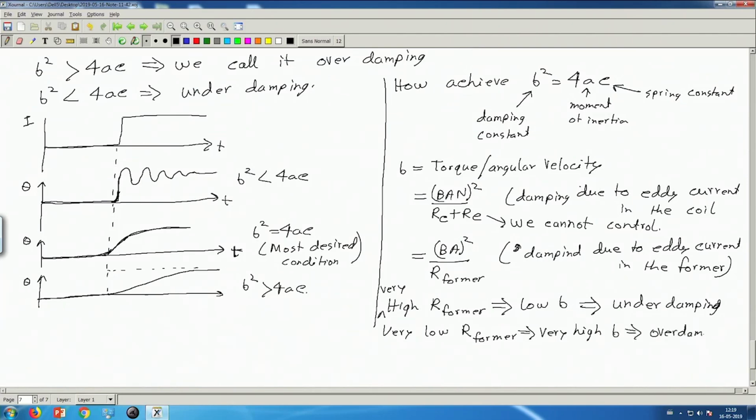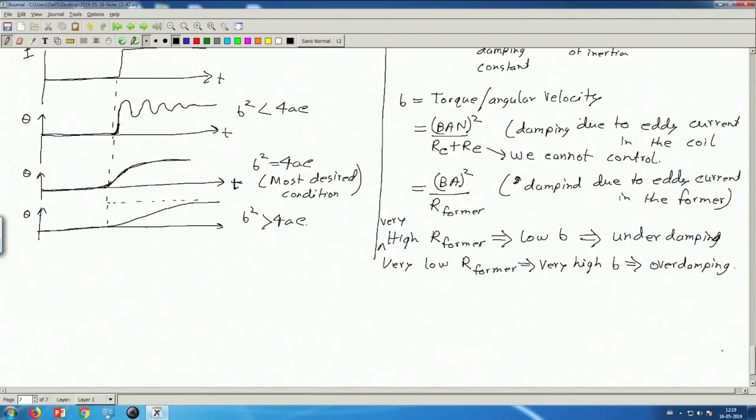That means it will not oscillate, but it will be slow. It will take long time to reach the final position, and we have to wait before we can take the reading. So for some value of R former, B square should be equal to 4AC.